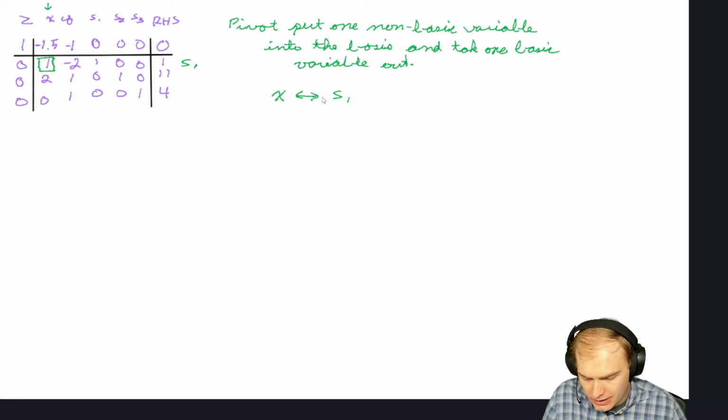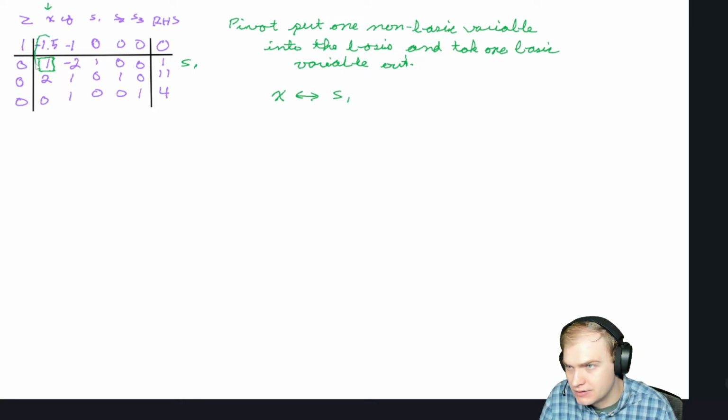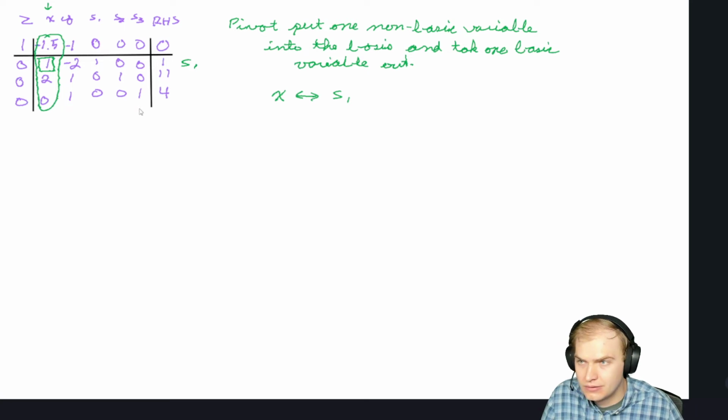Now, in the Tableau, today I've said that the basis is the set of columns that forms an identity matrix. This column does not yet form an identity matrix with the rest of the basis.